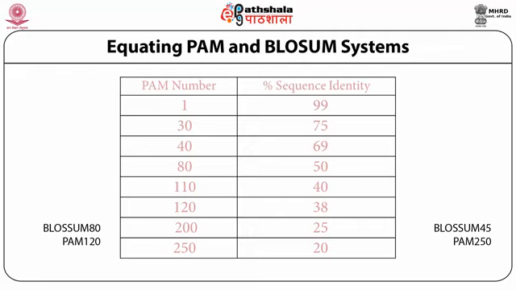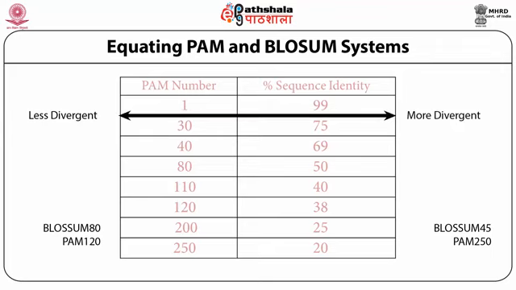This shows that BLOSUM 80 and PAM 120 scoring matrices can be used for less divergent sequences, whereas BLOSUM 45 and PAM 250 scoring matrices are suitable for alignments which are more divergent. This comparison shows that the number of PAM and the number of BLOSUM matrices are running in opposite directions to indicate the evolutionary divergence.